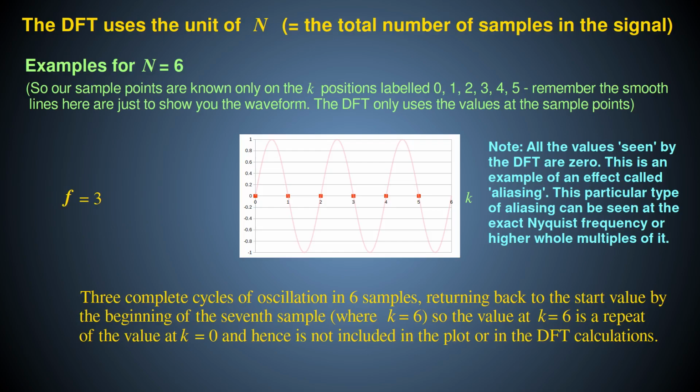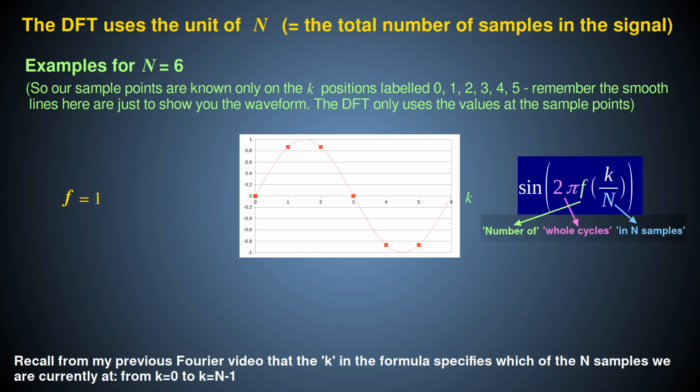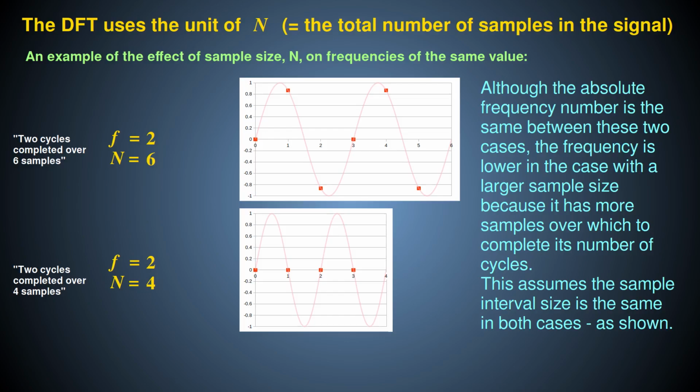A frequency value of f means f cycles per n samples, expressed mathematically as f 2 pi over n or 2 pi f over n. Finally, because the f value is relative to the sample size, this implies that a specific f value represents in absolute terms a different frequency when applied to signals of different sizes, assuming the interval between samples is the same in all these signals.